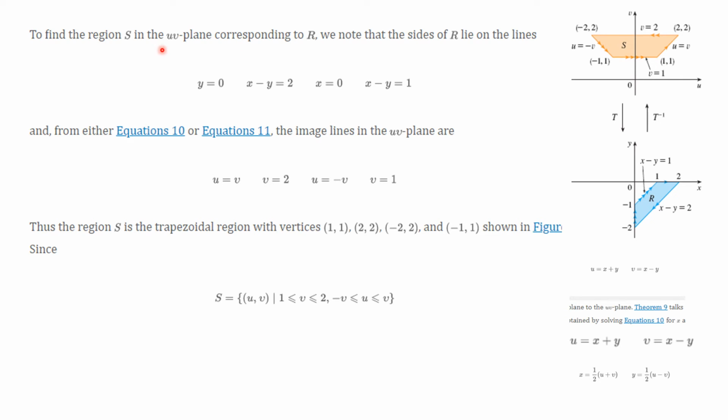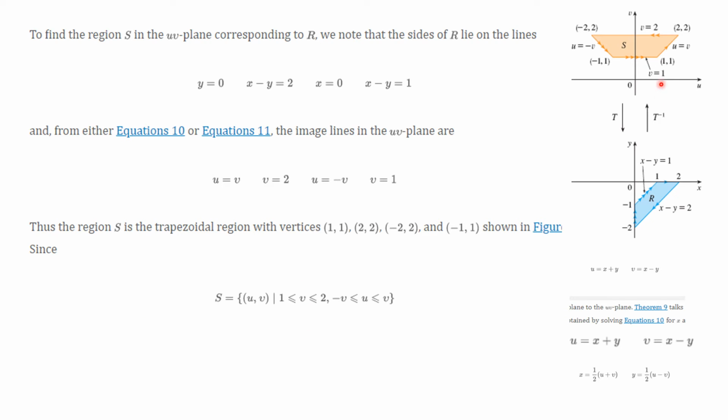And to find the region S in the uv plane that corresponds to R, we note that the sides of R, down here, we have x − y equal to 1, and here we have x − y equal to 2. And so that means that whenever we do this substitution, we can have u going from −v to v, and v going from 1 to 2, and that ends up being exactly the transformation for the regions as well.